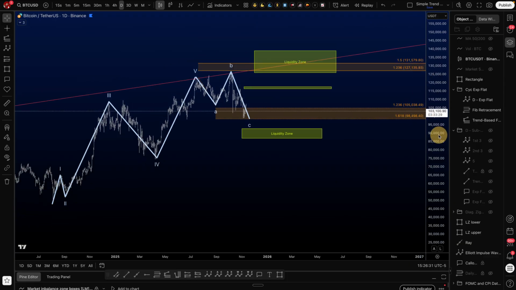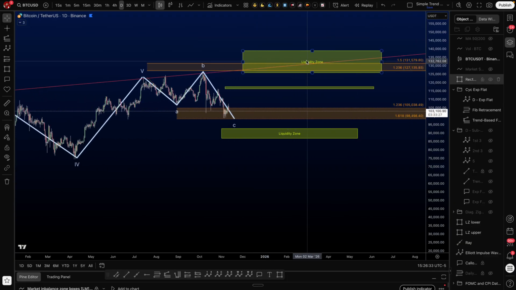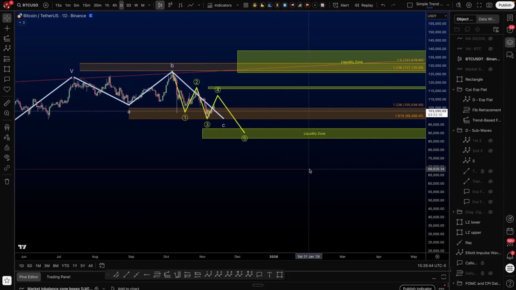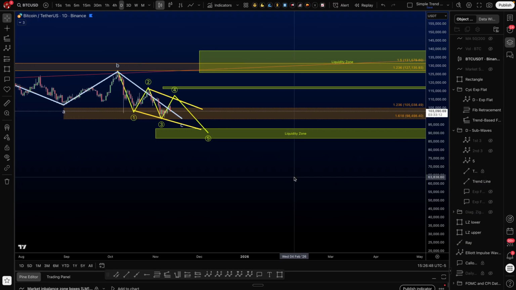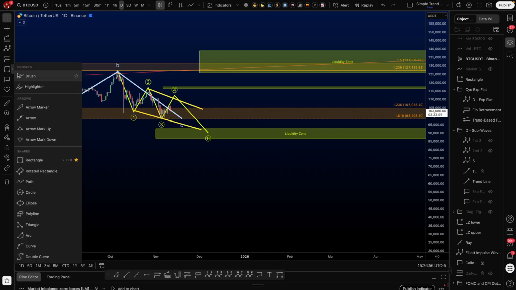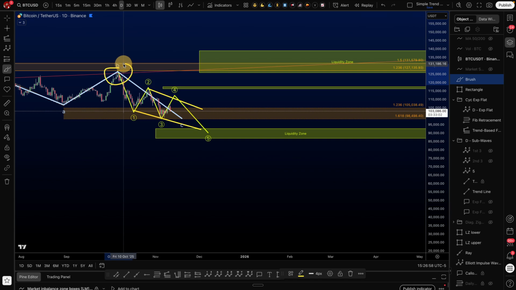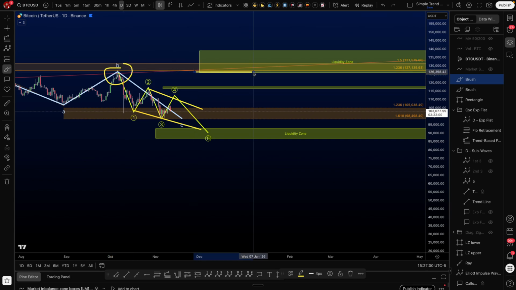Well, that's a liquidity zone right back up to, and guess what? That also matches, if we're back at the 4 hour, but if we're talking about this ending diagonal here, then the target for a diagonal is its origin, which is right back here, which is also where that liquidity zone is.